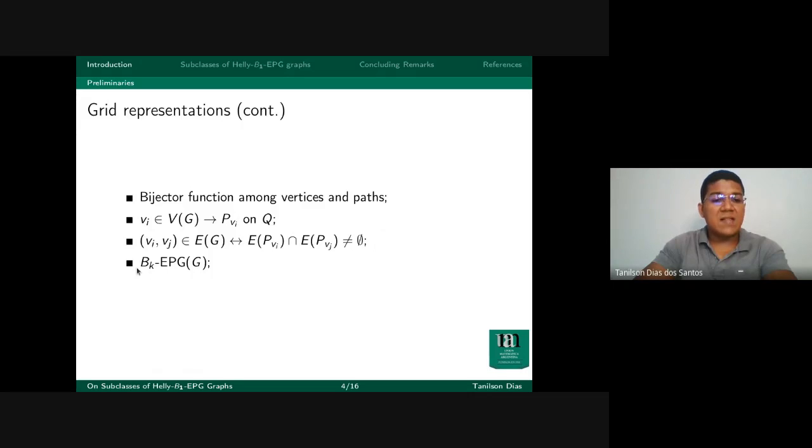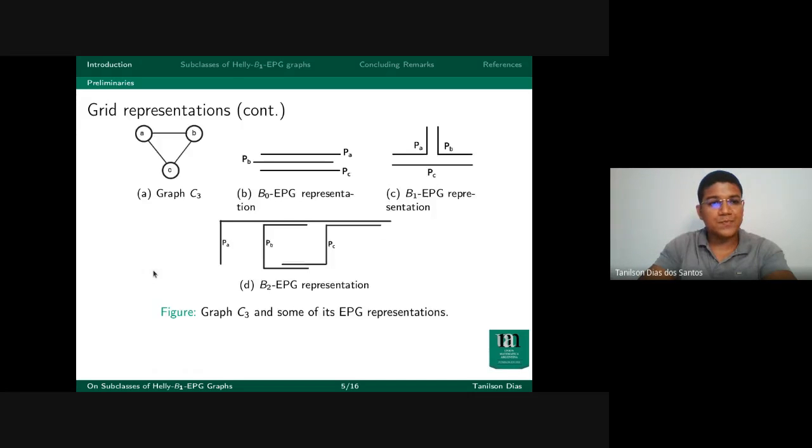We say that a representation is a Bk-EPG representation when each path of this representation has at most k bends. In other words, each path has at most k changes of direction.